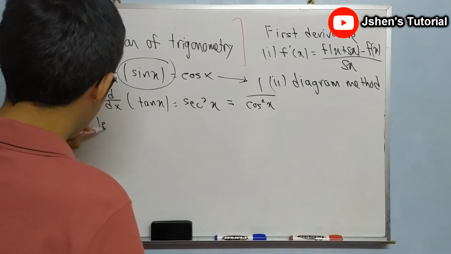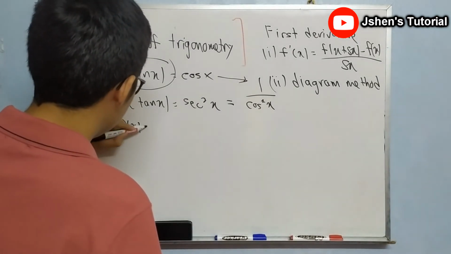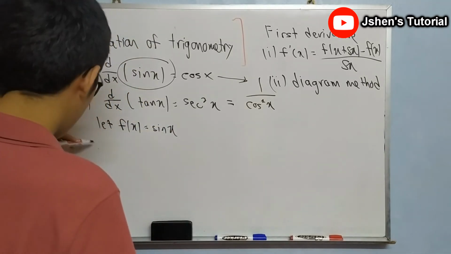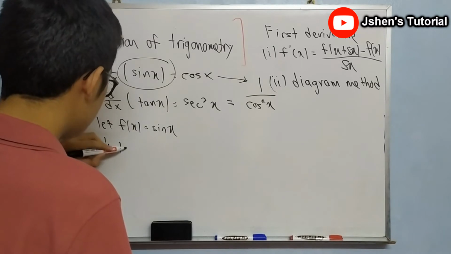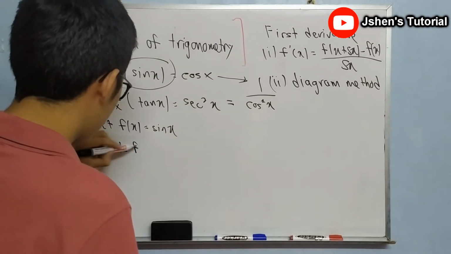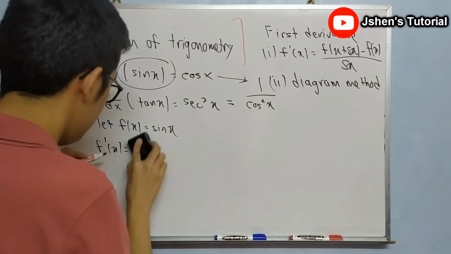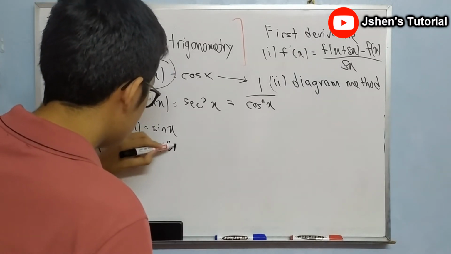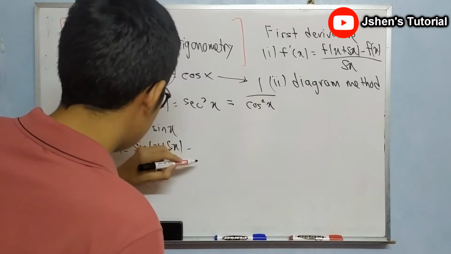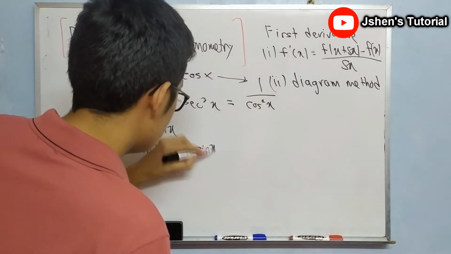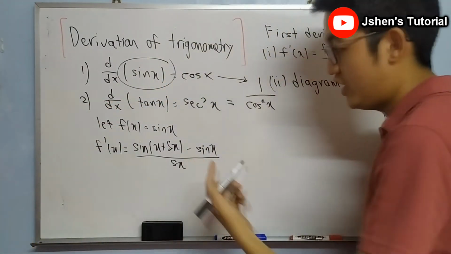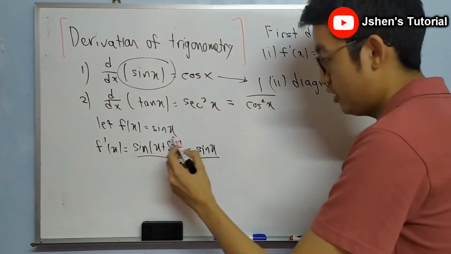Okay, let f x equal to sin x. Okay, so f prime x equals to f of sin x plus delta x.